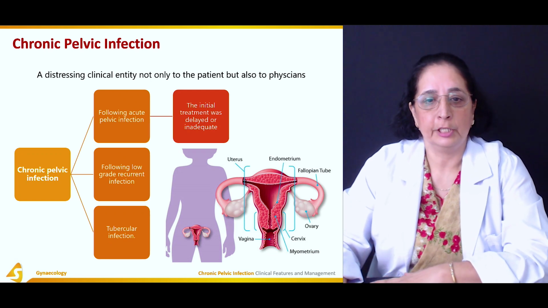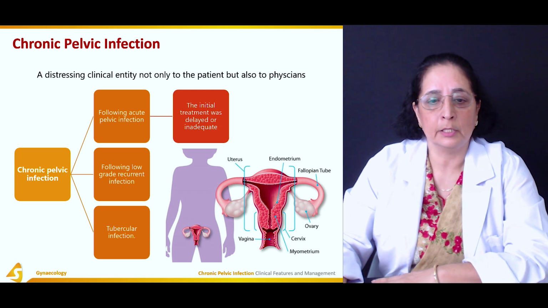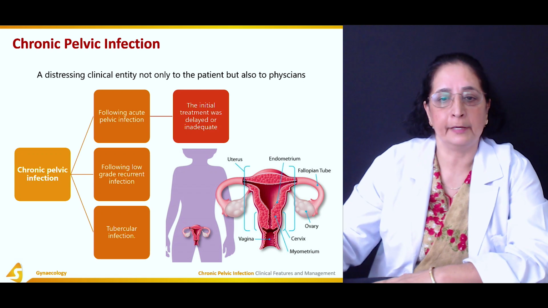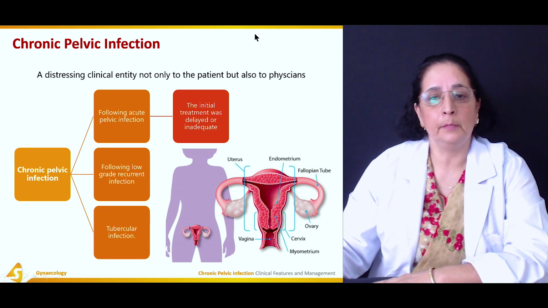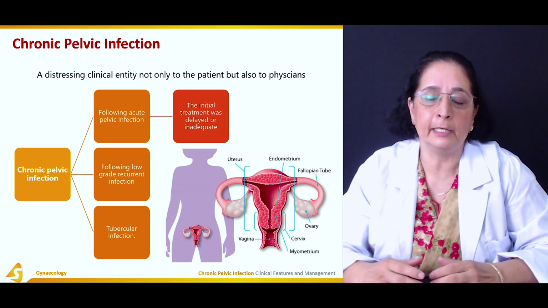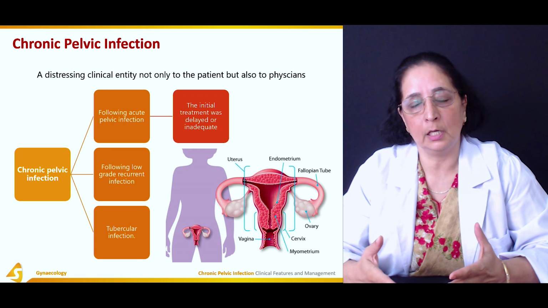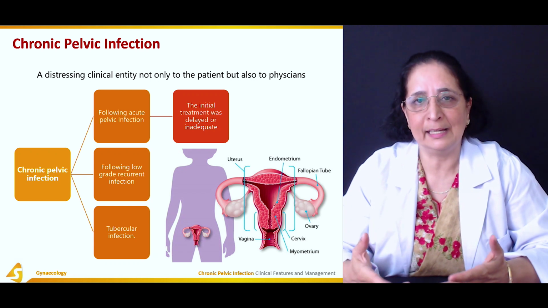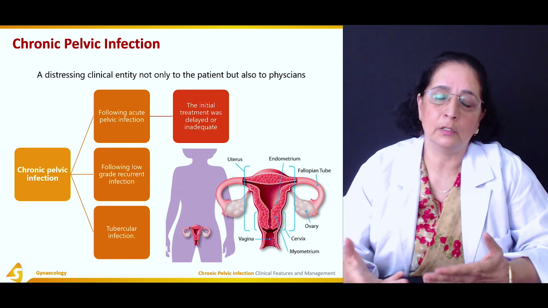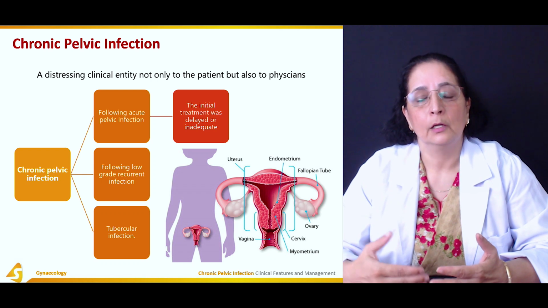So chronic pelvic infection, what are some associated features of chronic pelvic infection? Usually the chronic pelvic infection is following the acute pelvic infection. So if acute infection is present and patient usually neglects it or doesn't pay attention and doesn't see the doctor, and they don't get treatment properly, it becomes chronic.